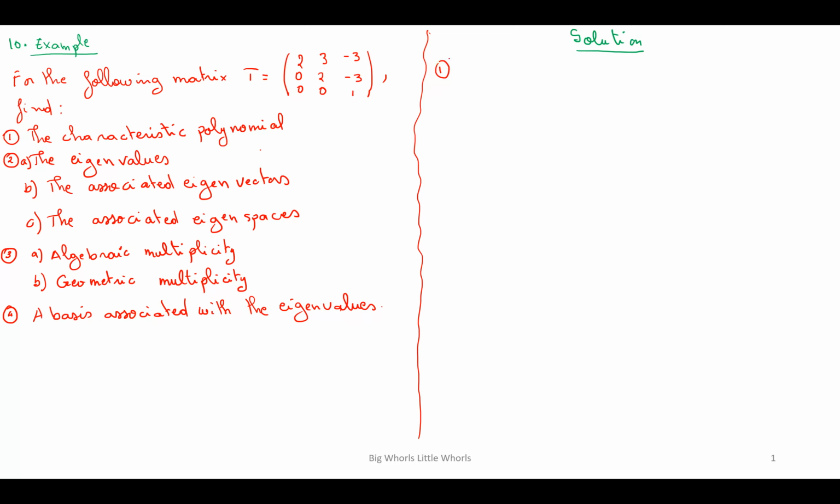Part 1, we are asked to find the characteristic polynomial of T. And we have seen in the previous video that the characteristic polynomial is basically the determinant of T minus xI.